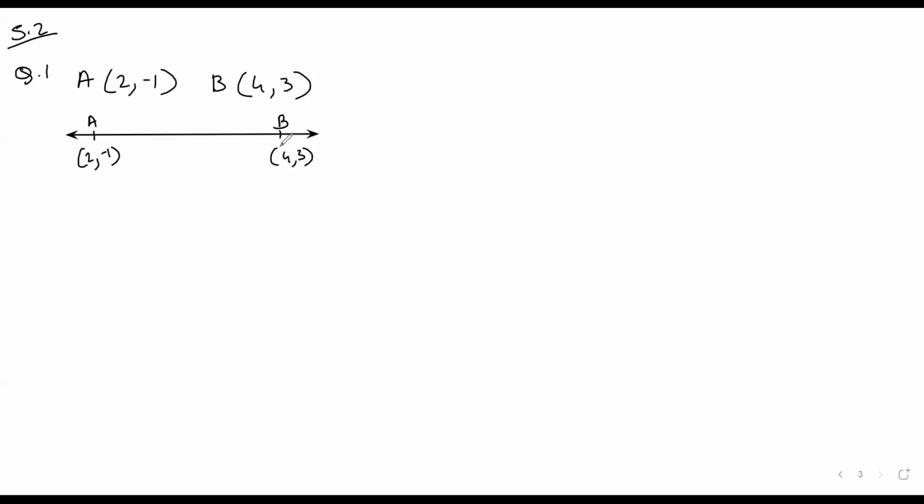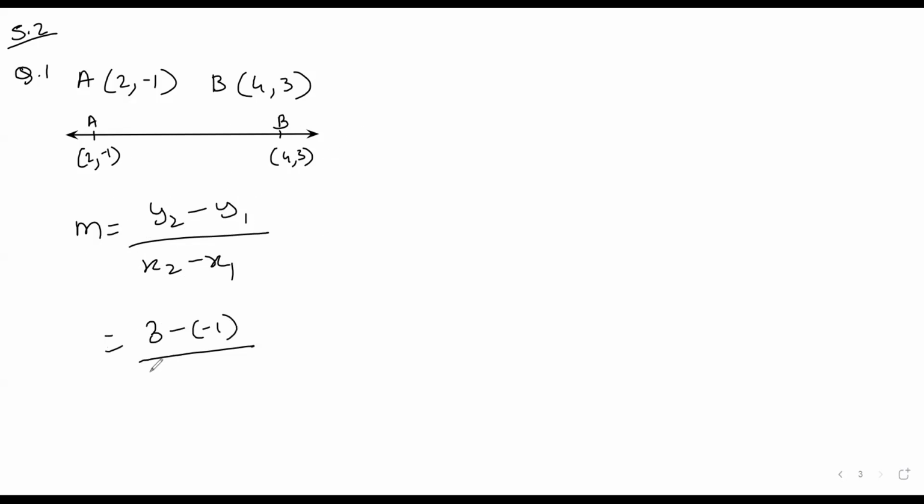Now how to find the slope of this line? The slope will be (y2 minus y1) upon (x2 minus x1). We have just seen it, that if we know 2 points on the line, the slope is given like this. So here you can treat anything as x1, y1, anything as x2, y2. So 3 minus of minus 1 upon 4 minus 2.